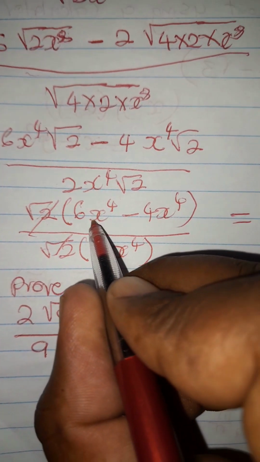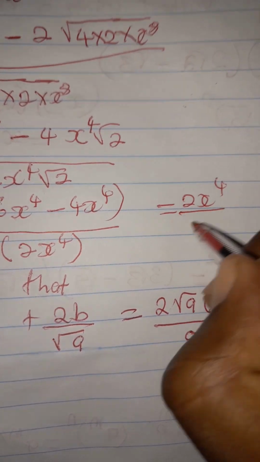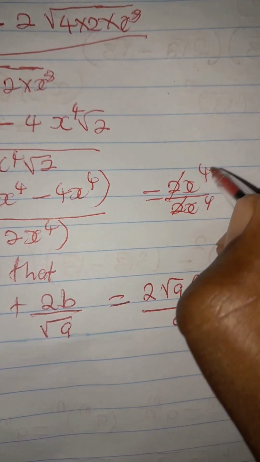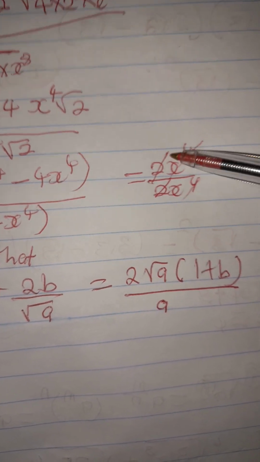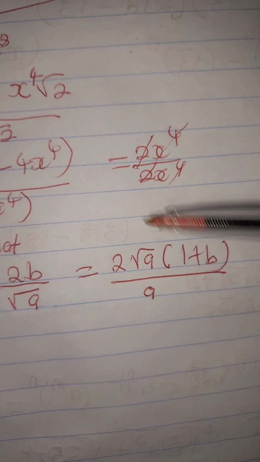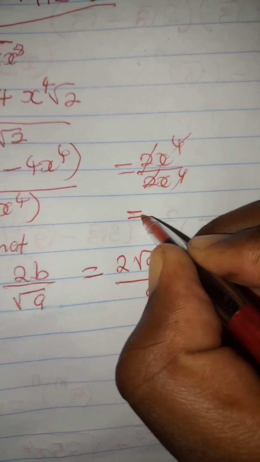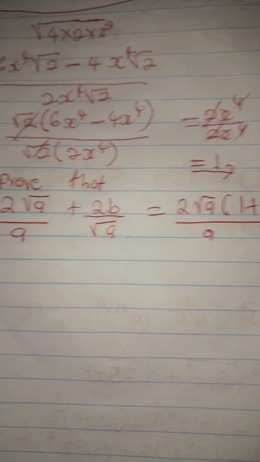We are left with 6 minus 4, which is the same as 2x to the power of 4, divided by 2x to the power of 4. This and this cancel, as well as x to the power of 4 cancels, because we are going to use the laws of exponents, same base. You subtract the exponents, which will be 4 minus 4, which is 0. x to the power of 0 is the same as 1. So we have our answer here as 1. This is the solution then, right?